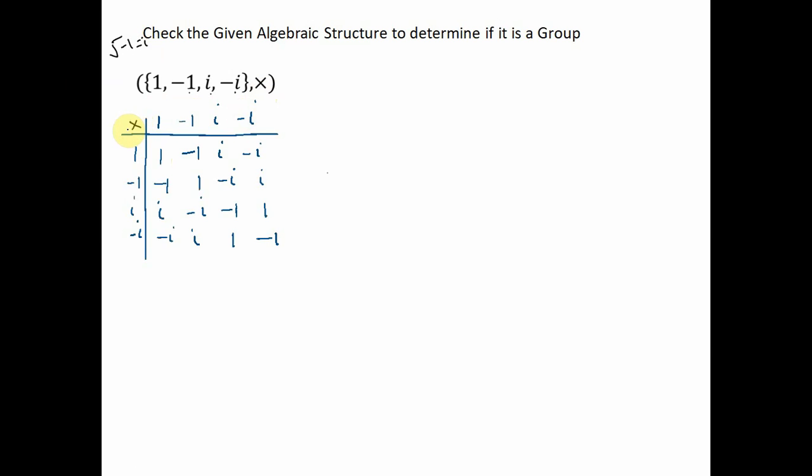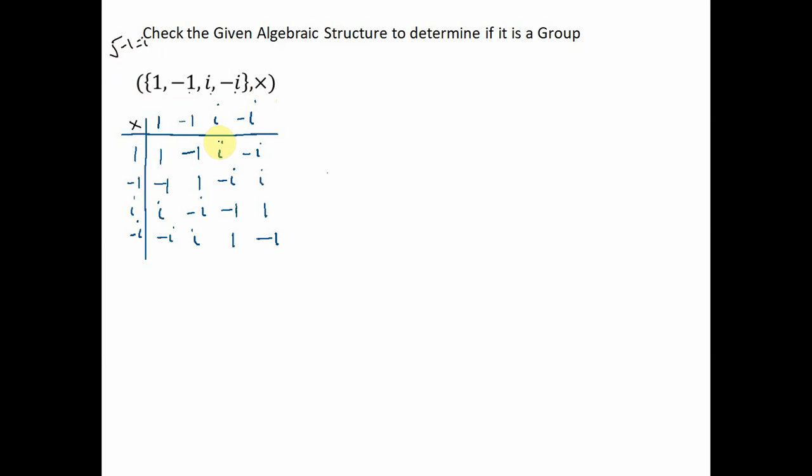So let's begin. This is a small finite set. For small finite sets, the best way of verifying properties is by using the composition table or the operations table. So we'll make the operations table. On the row and column both I have 1, minus 1, i, minus i, and the operation is multiplication. Let's populate this table. 1 multiplied by 1 is 1, 1 multiplied by minus 1 is minus 1, 1 multiplied by i is i, and so on.